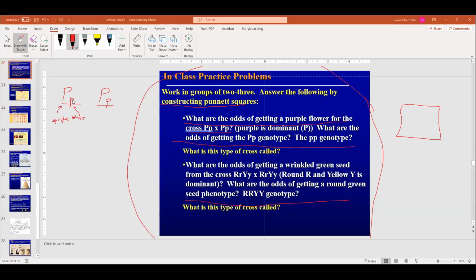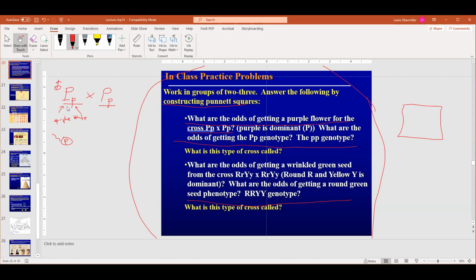So we have big P, little p, cross with big P, little p. Each of these parents has one purple allele and one white allele. And so they can only pass on one allele. So let's say this is the dad, it's going to make gametes. It can make a big P gamete from this allele, on this chromosome, and then it could make a little p gamete, which would be white.